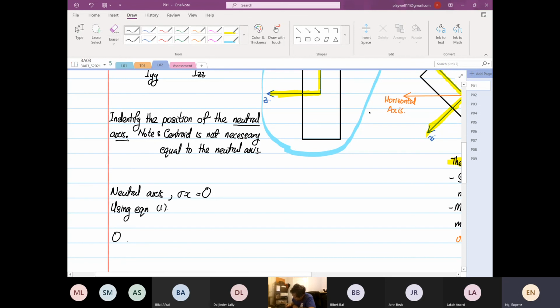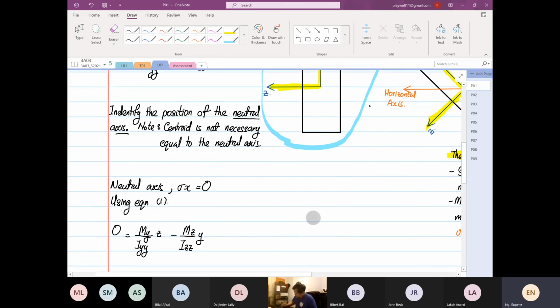So we have this form, okay? My over Iyy z minus Mz over Izz y. Okay, so again, to remind you, we are trying to locate the position of the neutral axis.